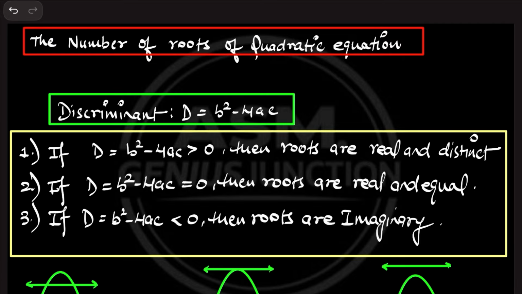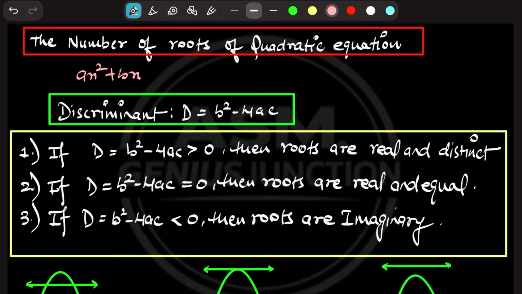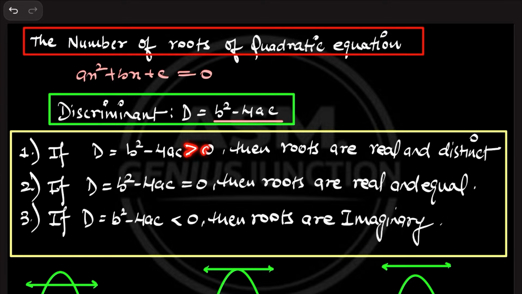So a given quadratic equation ax square plus bx plus c equals 0 has a discriminant D which is calculated by b square minus 4ac. If the value of this discriminant comes greater than 0, then we say that the roots of the given quadratic equation are going to be real and distinct.